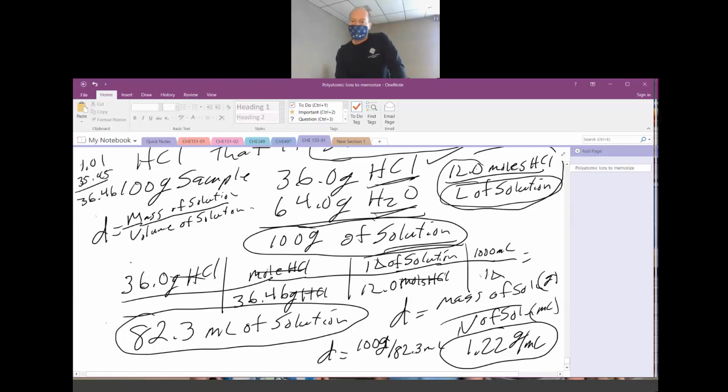Then you also have to know molarity: you have 12 moles of HCl per liter of solution. And you also have to know density is the mass of solution divided by volume of solution. So there are a lot of things to know for this problem. That is the end of the study guide for exam 2.